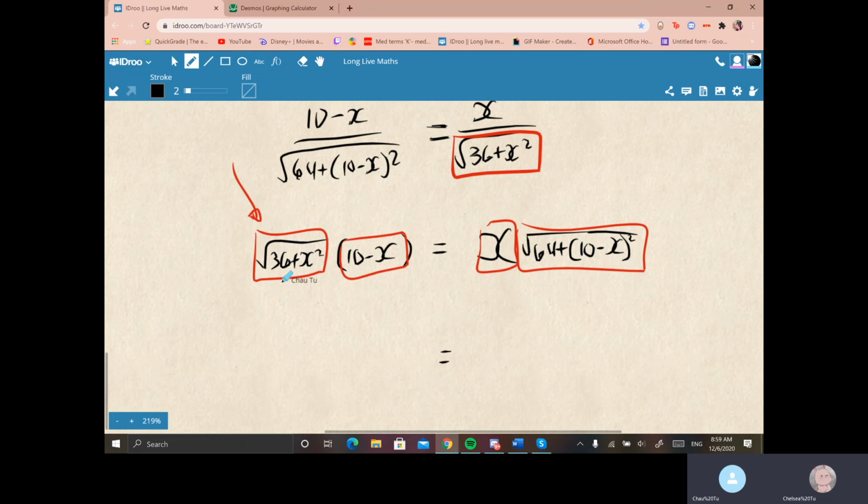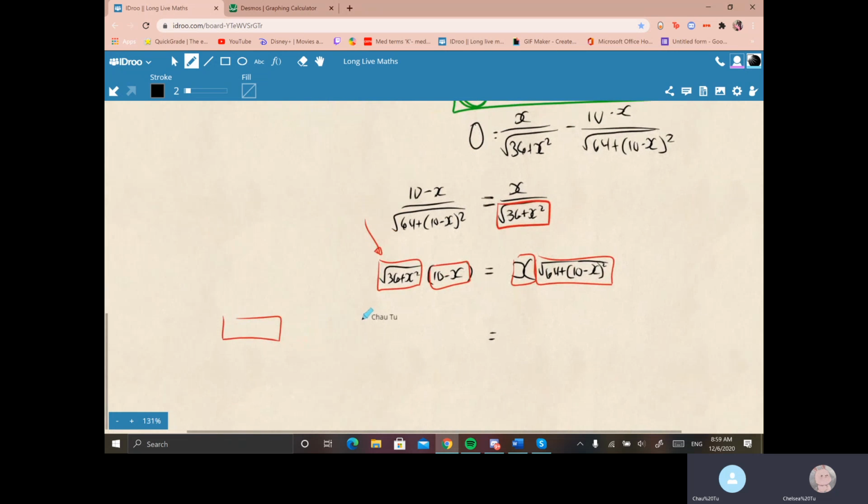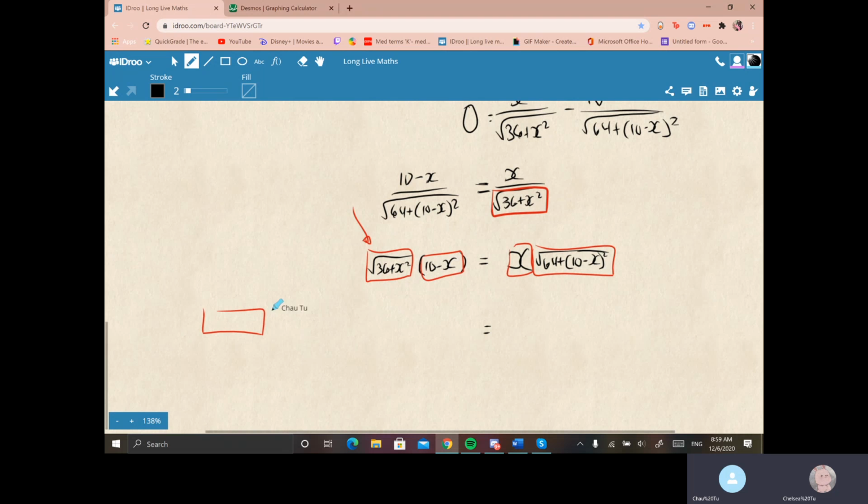So at the moment you've got one block timesing another block on the left hand side. When you square it, it really becomes another block times another block. So you can merge these two together, you can merge these two together. Yay or nay?